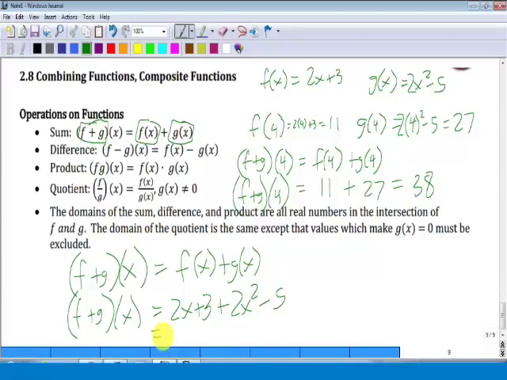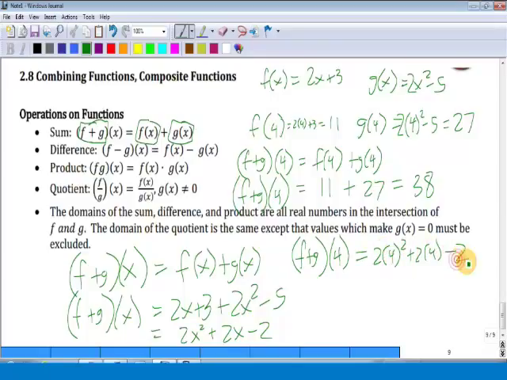There are a couple of like terms I think we can combine, the constant terms. 2x squared plus 2x minus 2. And then if we want to find f plus g of 4, we just say 2 times 4 squared plus 2 times 4 minus 2, and we hope against hope that we get 38 here. It's going to be 2 times 16, that's 32. 2 times 4 is 8. Subtract the 2, that's 40 minus 2, which is 38.